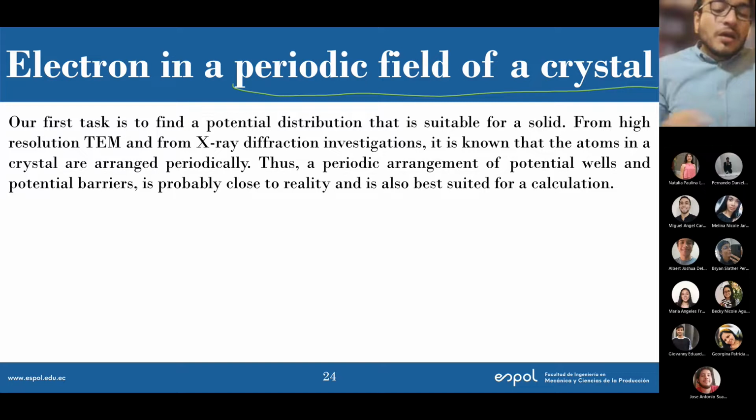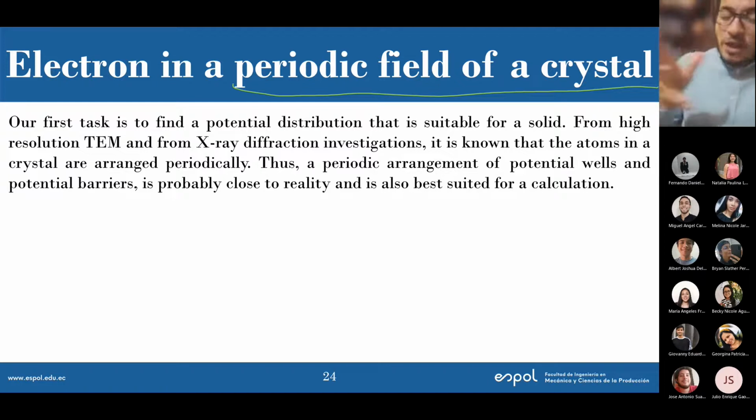Okay. We've seen different cases so far. We saw the free electron case. We saw the electron in a potential well. Those cases are all well known, and at some point they will help us represent how electrons move in certain solid materials, but only in specific parts.